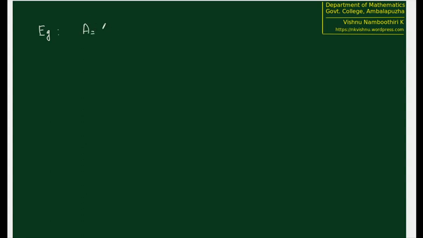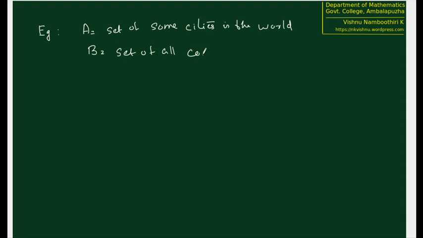A equal to set of some cities in the world, B equal to set of all countries in the world.